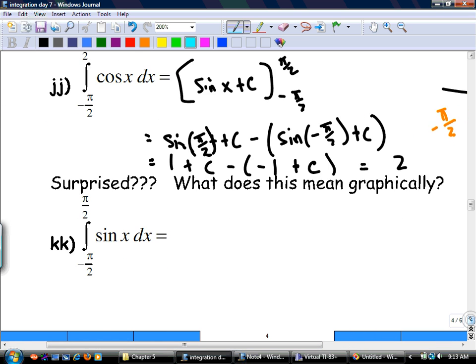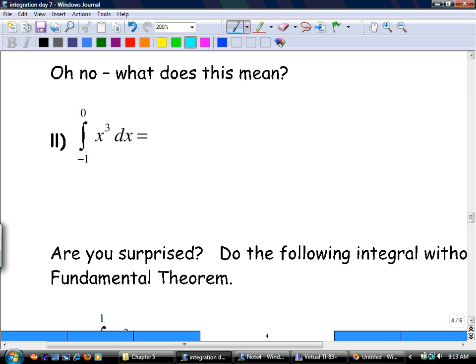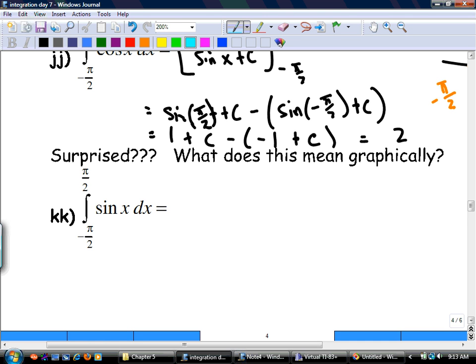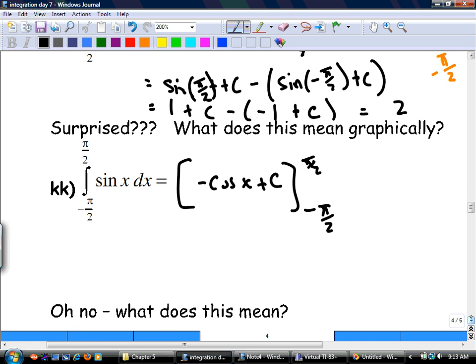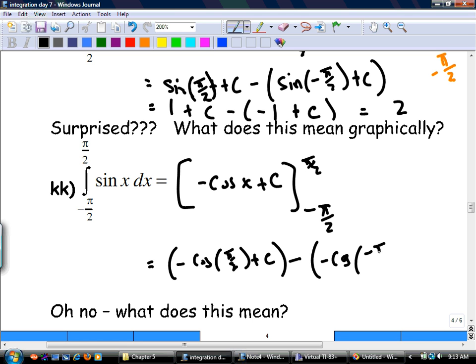So the antiderivative of sine. So then you go negative cos of pi over 2 plus c minus negative cos of negative pi over 2 plus c.